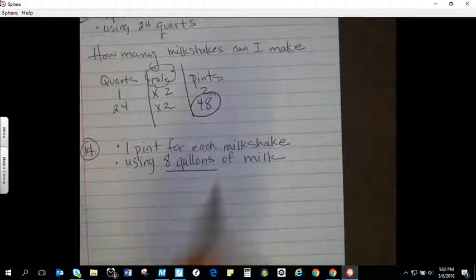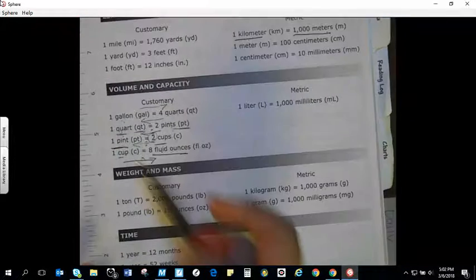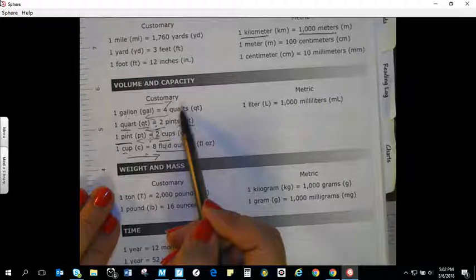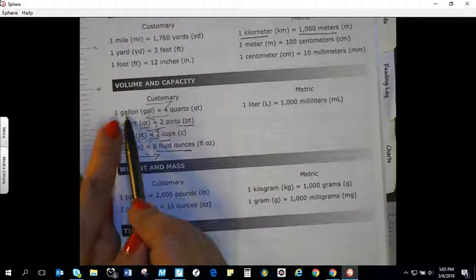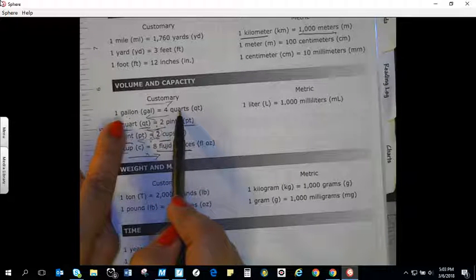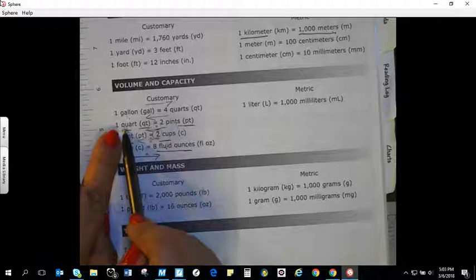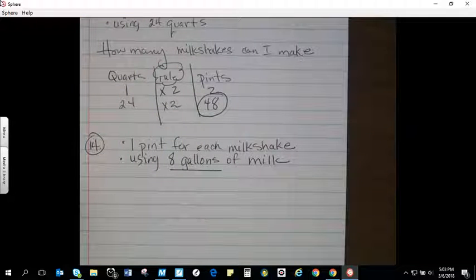And I'm having to go to pints. So I need to go from gallons to quarts, and then from quarts to pints. So how many steps am I going to need to do? You're absolutely right. I have 2 steps that I need to follow.